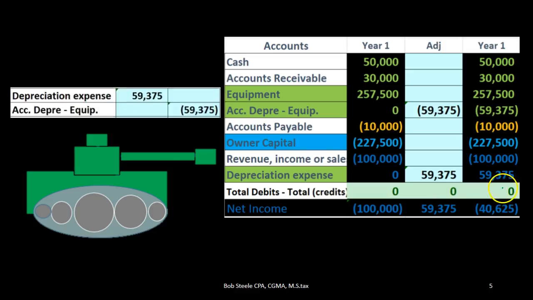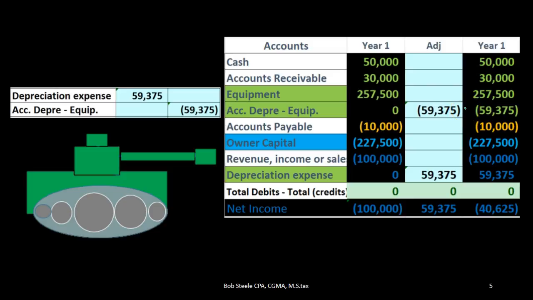Therefore, if we were to calculate the first year and then record and post the first year, we would have the equipment on the books at $257,500, accumulated depreciation $59,375. Book value then would be the estimated value of the equipment on a book basis, being the $257,500 minus the $59,375.